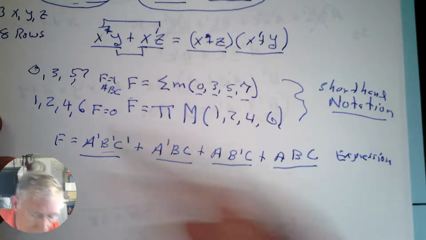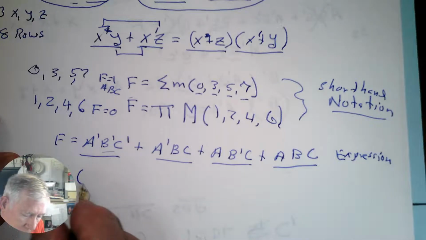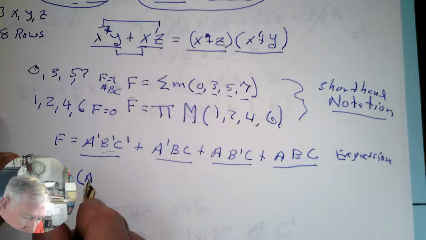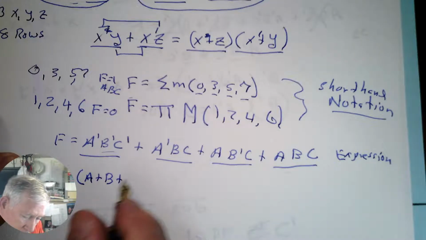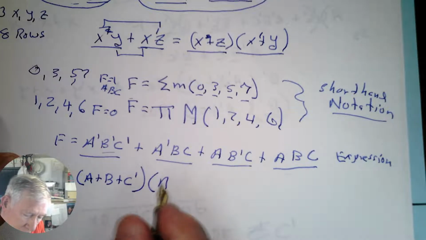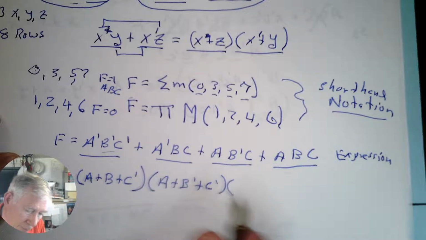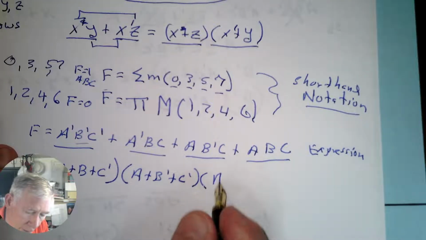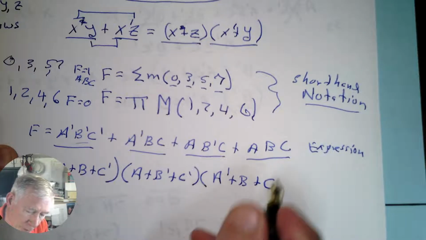I didn't write out the max terms, but it'd be the same idea. Max term 1 would be A plus B plus C prime. And max term 3 would be A plus B prime plus C prime. And max term 5 would be A prime plus B plus C prime.